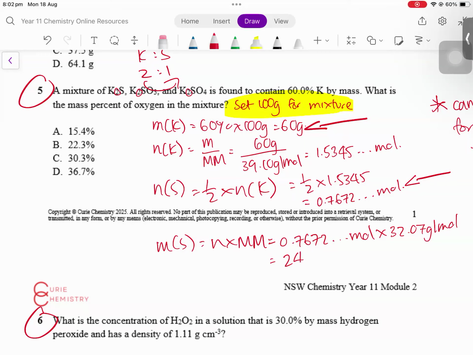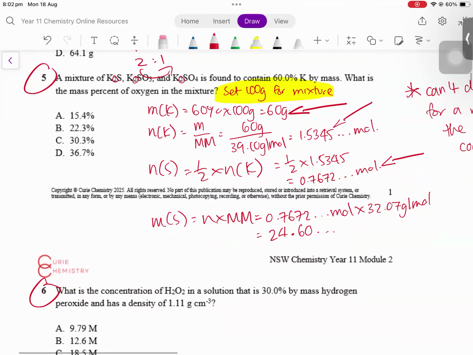Some of you guys rounded off somewhere. So some of you might have taken the number from the screen. Your answer is very close, but it's the tiniest bit off.